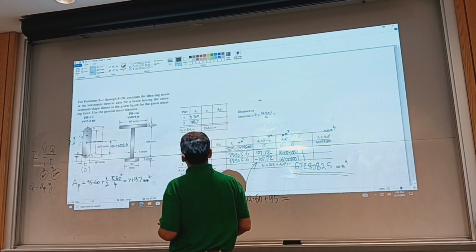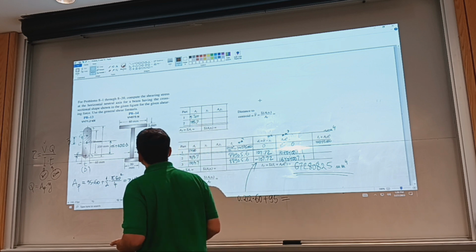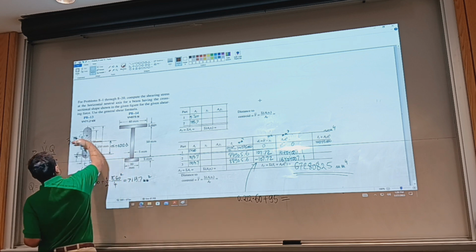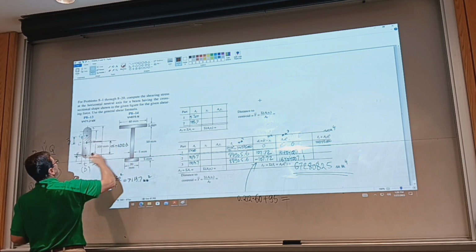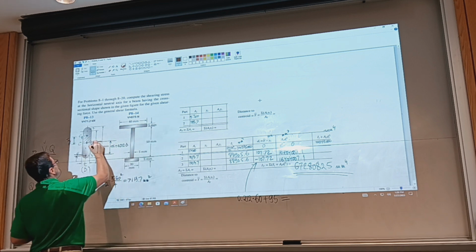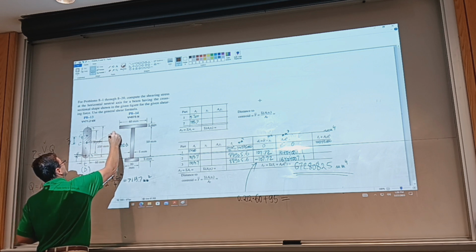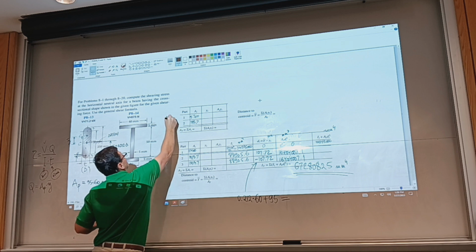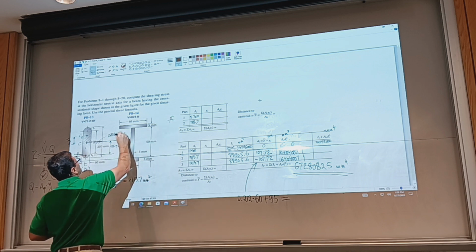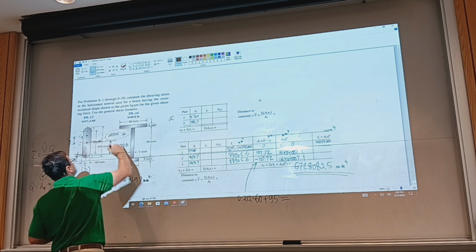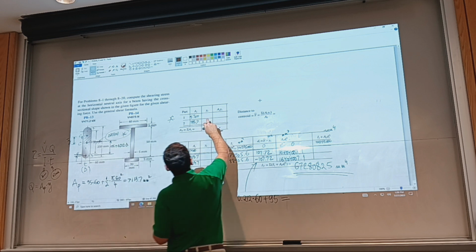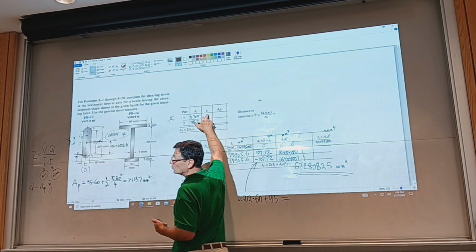And then I'm taking the datum for this problem, so this will be the datum for this part at the centroid. So what is the distance y1? What will be distance y1?